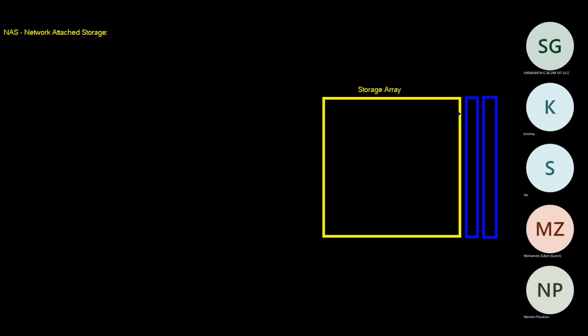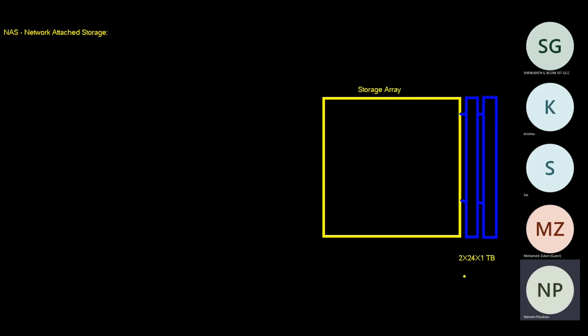So I'm assuming I have installed two disk shelves to the storage array, and every disk shelf has 24 drives, all of them 1 TB drives.